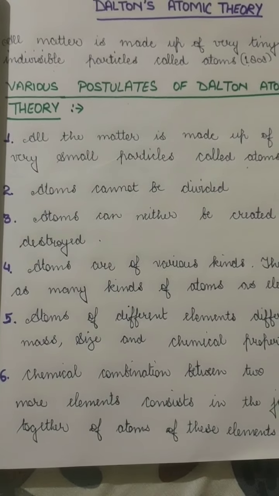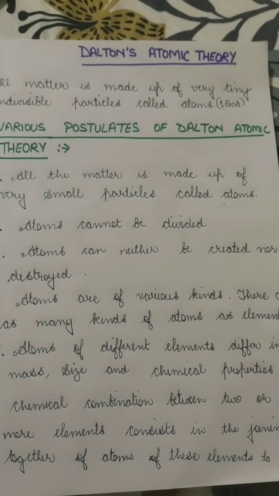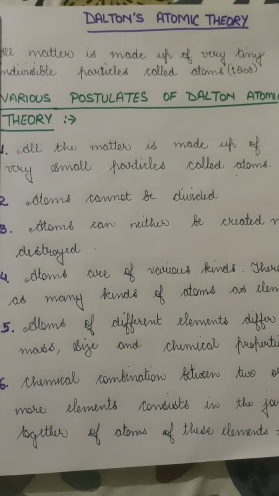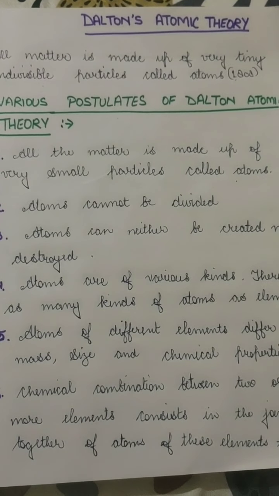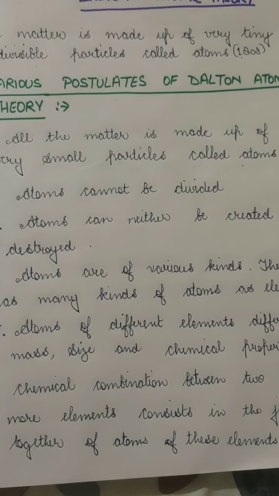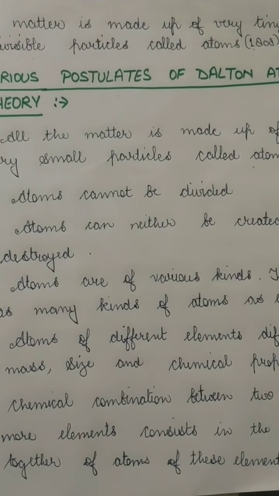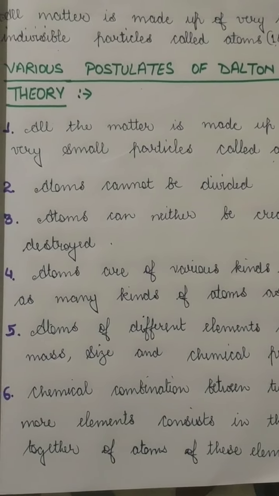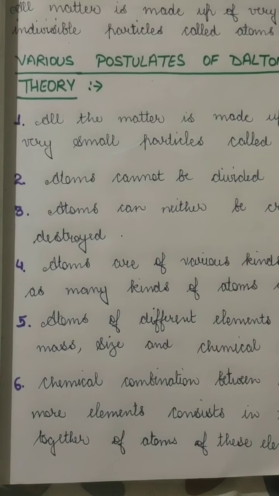Then he said that atoms of different elements differ in masses, sizes and chemical properties. That means if there are different elements, their atoms will be different from each other, so their masses will be different, their sizes will be different, and their chemical properties will also be different. So no atom of any other element is alike.